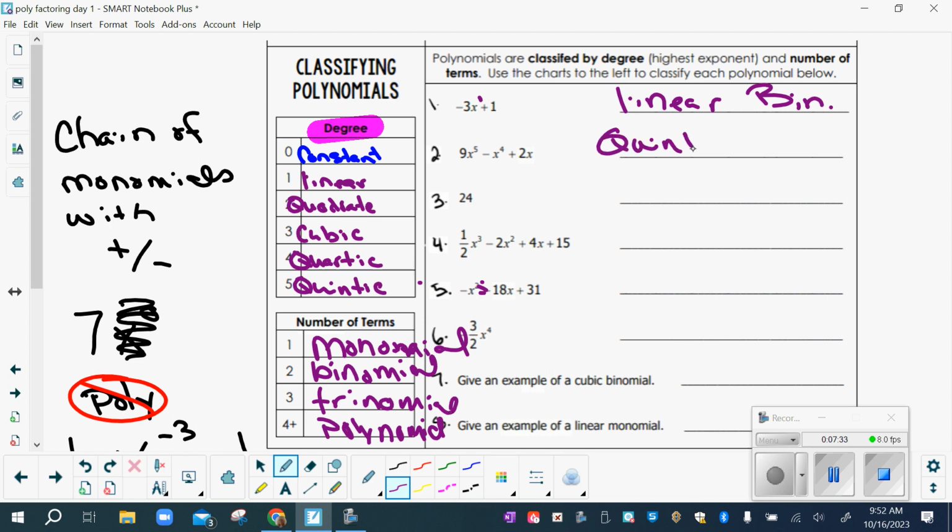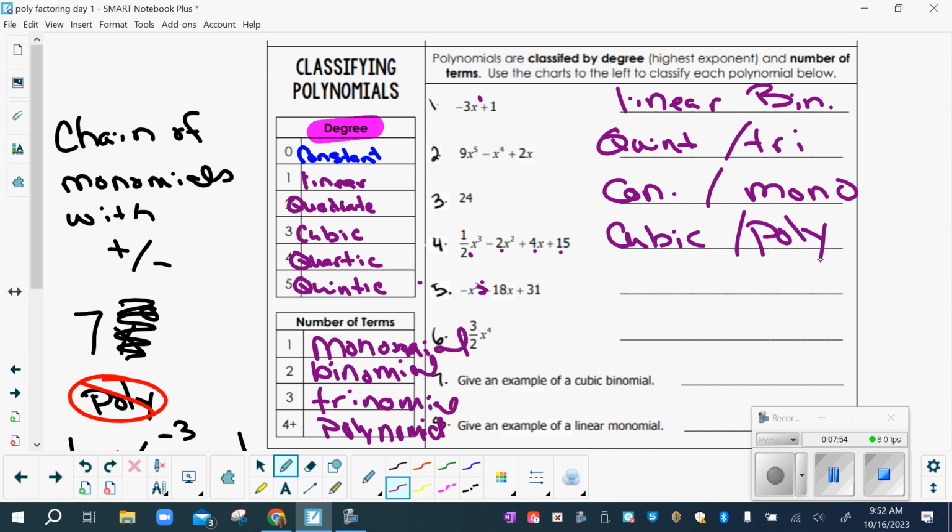Quintic, try. Constant, constant monomial. 1, 2, 3, 4. Cubic. Poly. You don't need that slash. I'm just doing it because I'm lazy. 1, 2, 3. Quad. Try. And quart. Mon.